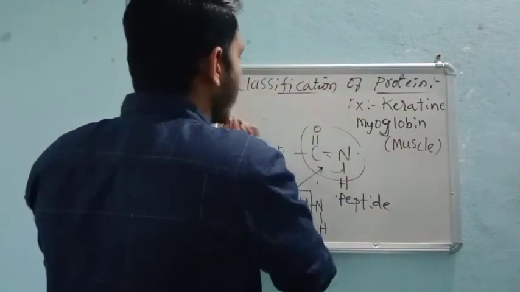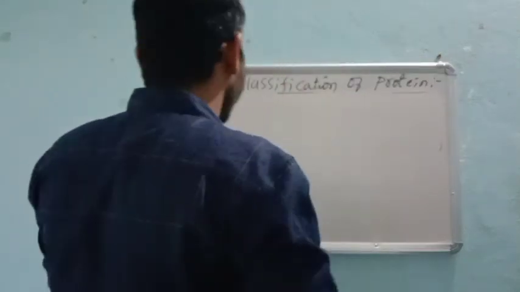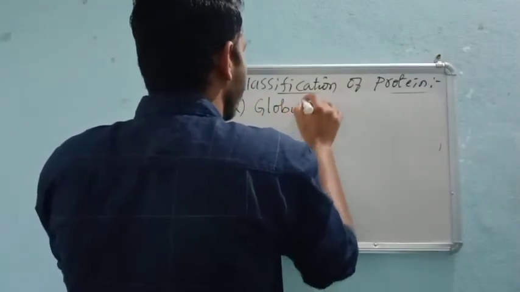This is the fibrous protein, and later one more is globular protein. So what is globular protein?